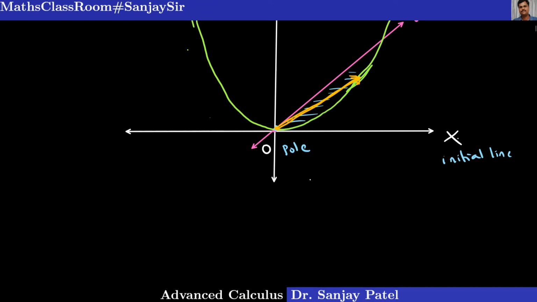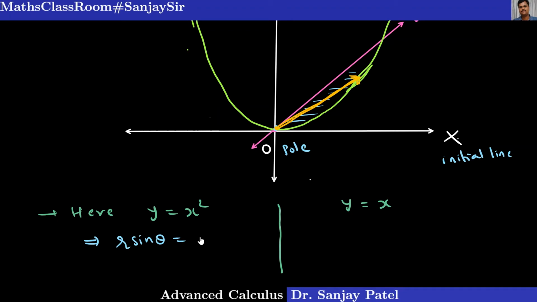So let me consider here we have y is equal to x square, and another curve is y is equal to x. So what will happen if I put x equal to r cos theta and y is equal to r sin theta? I will get r sin theta equals r cos theta square. I want to change this Cartesian curve into the polar coordinate system.